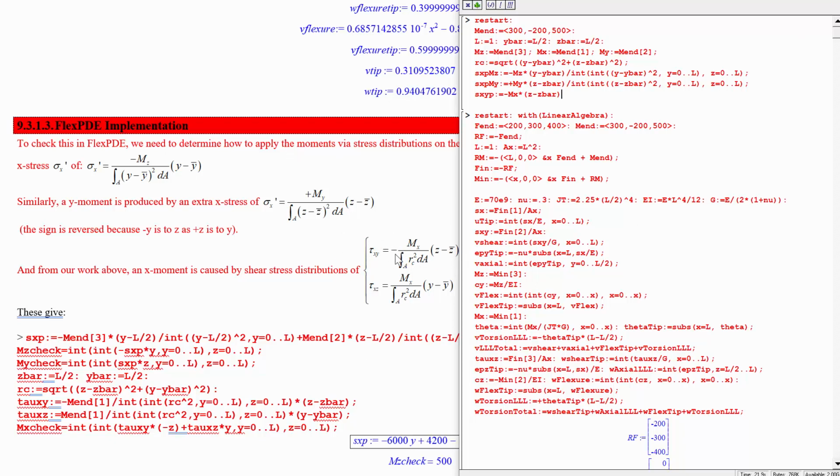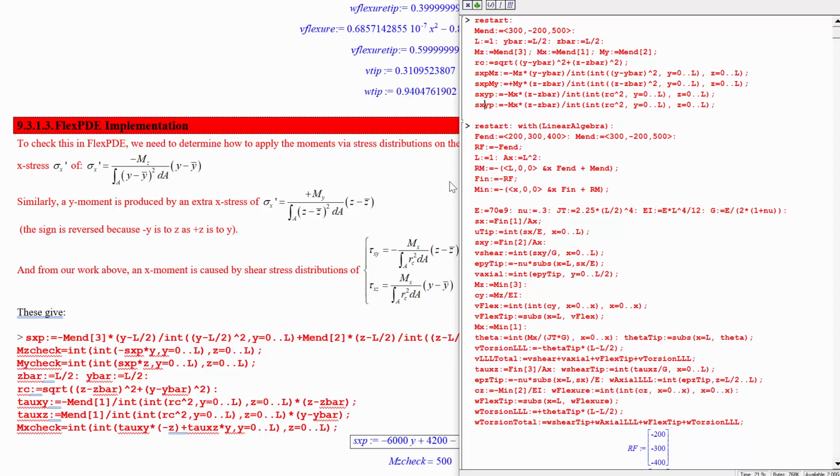That'll produce a negative one, and that's why we have the negative sign there, over the integral of rc squared from y is 0 to L and z is 0 to L. And then we'll have Sxz prime is positive this based on the y position and the same integral in the denominator.